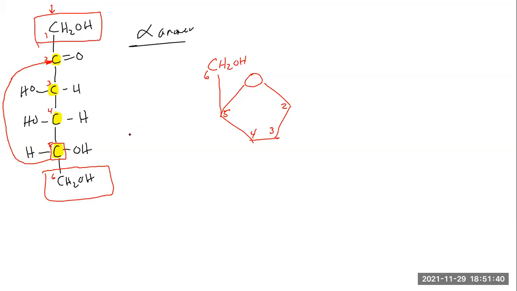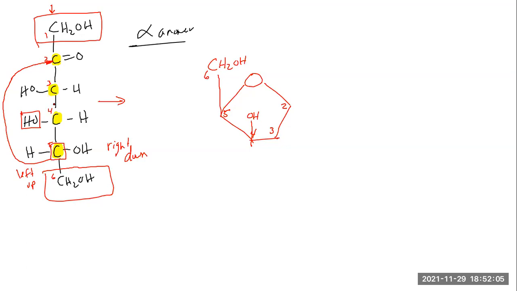We're going to do our same deal when we take this guy and drop him on its side. Just like before, everybody on the right will go down. Everybody on the left will go up. So we will skip number 5 like normal, which means when we go to carbon number 4, we see the OH group is on the left-hand side, which means it will end up going up.